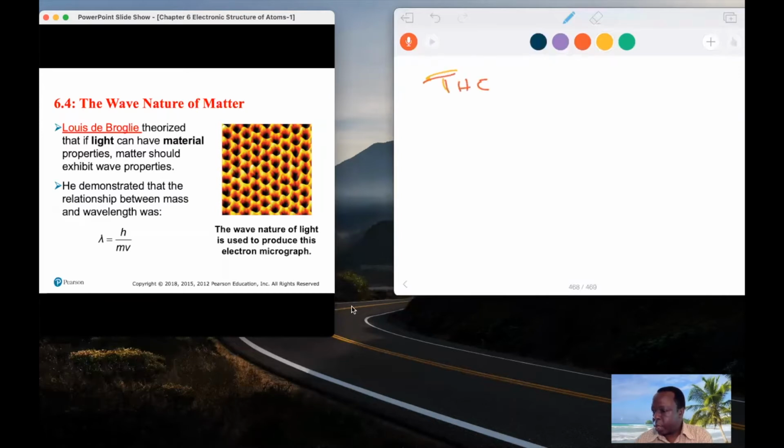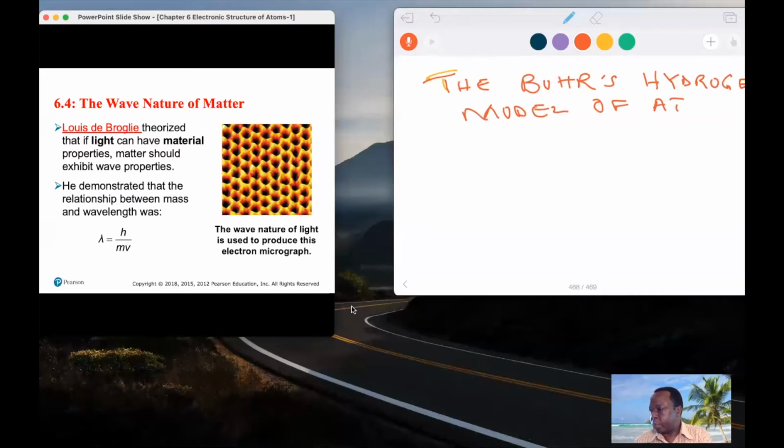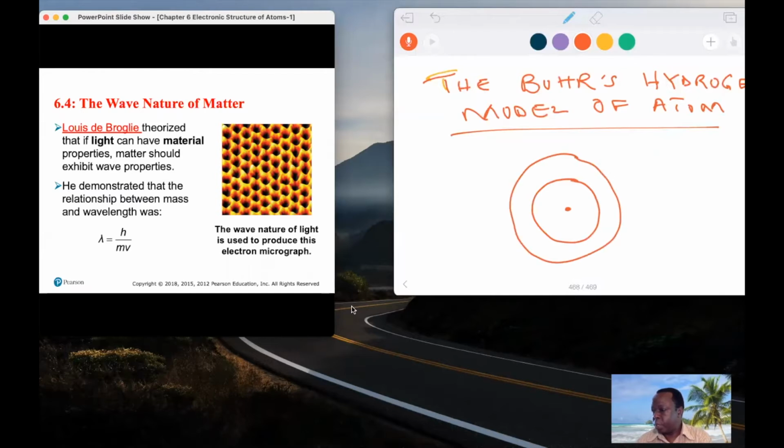Bohr's hydrogen model of the atom. He proposed that electrons move around the nucleus following what we call orbits.